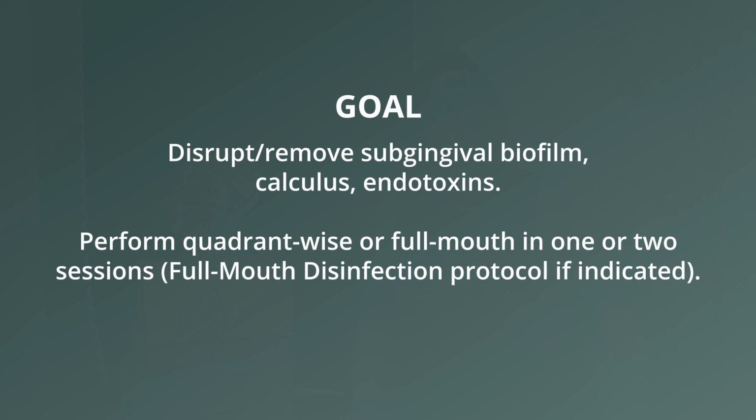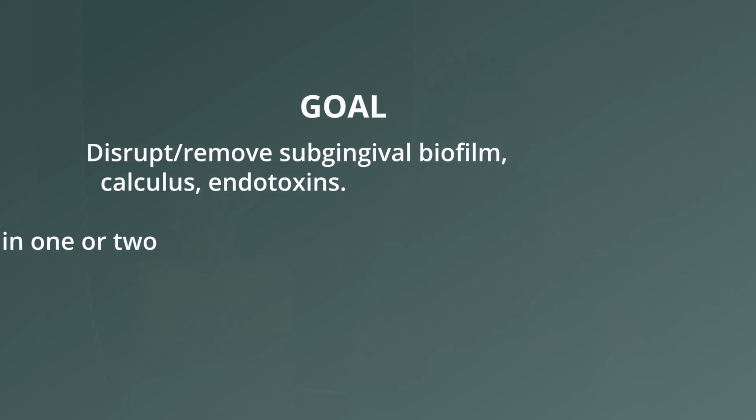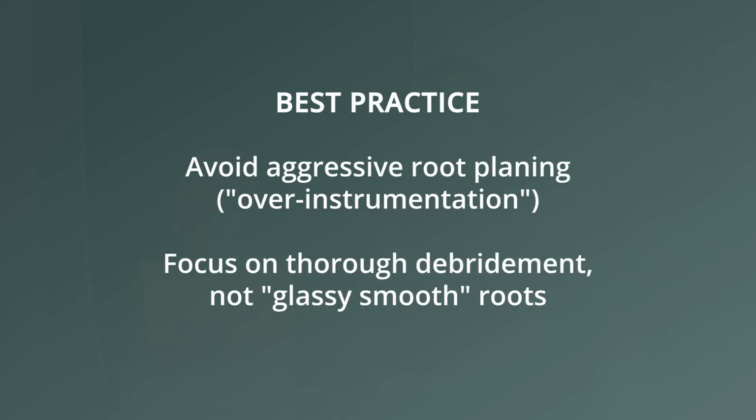We usually perform that by quadrant or half mouth, or you can use the full mouth disinfection protocol. It's also indicated, and that is selective and different from one patient to another. The most important thing is that you avoid aggressive root planing or over-instrumentation. We always focus on having a clean root rather than these glassy smooth roots that may lead the patient to sensitivity that is hard to control.